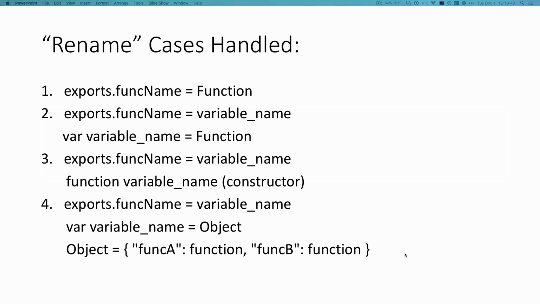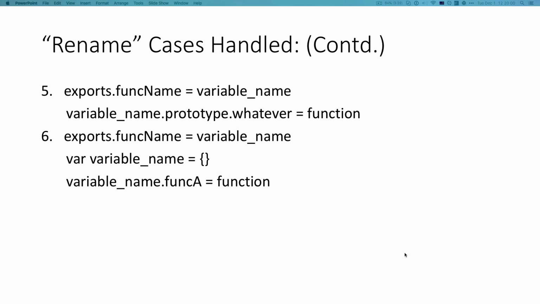So there are various possible scenarios with respect to renames, but in our milestone we are handling these possible scenarios 1, 2, 3, 4, and going ahead 5, 6. However, it is possible to scale our application to accommodate more scenarios in future.